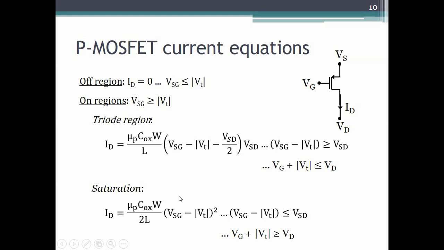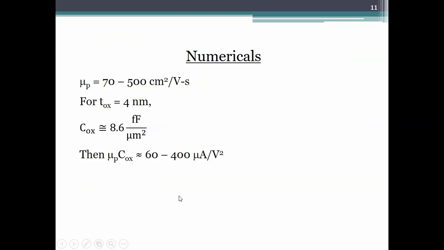I keep saying simple because this model does not include a large number of physical effects. Okay, let me do this quickly. The hole mobility in silicon is smaller than the electron mobility. The typical numbers are 70 to 500.